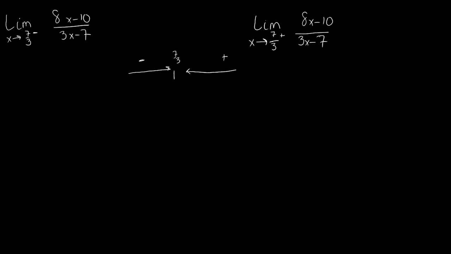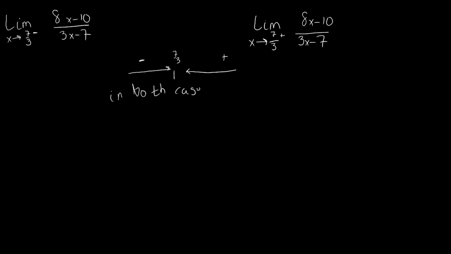In the opposite case over here, we're going to have numbers like 9/3, which becomes 3, and then 8/3, that are going to give us a product here that's larger than 7, so this results in a positive number in the denominator. So in both cases, let's write that down.